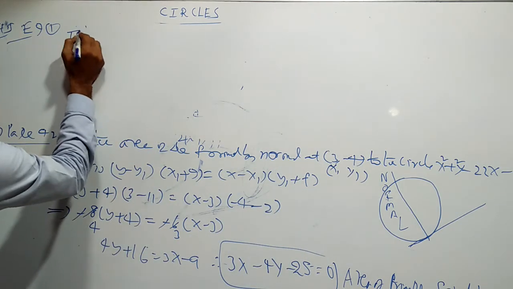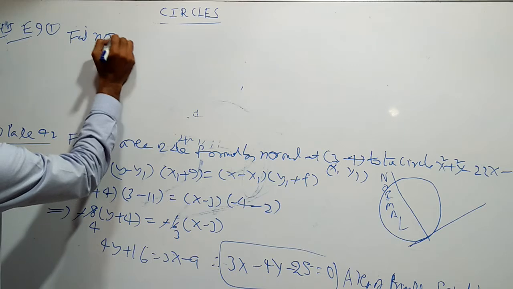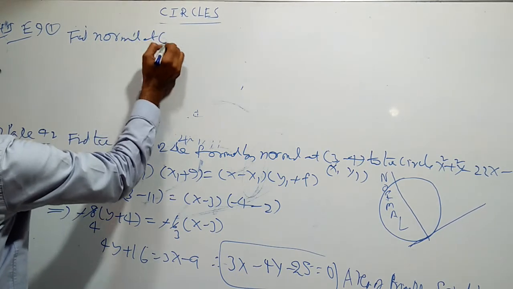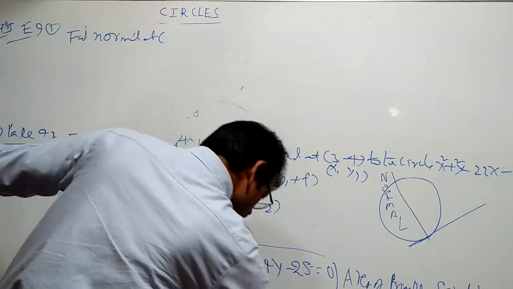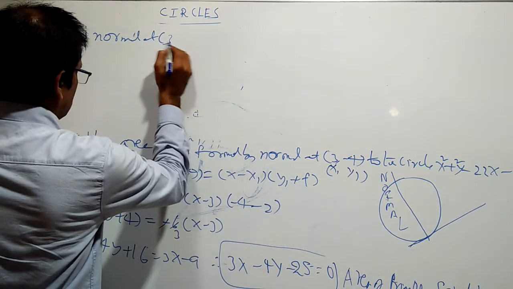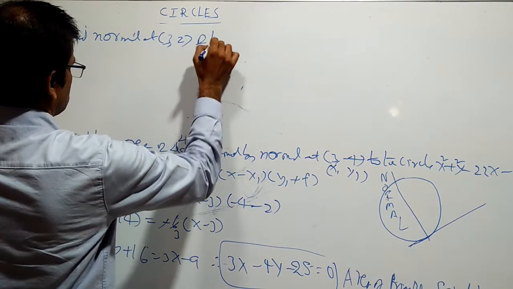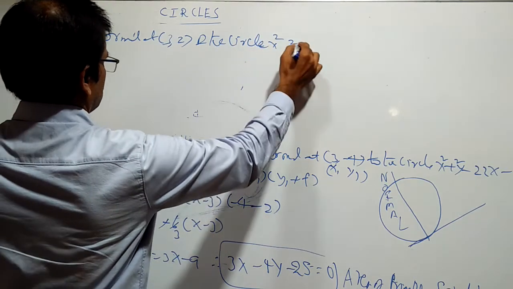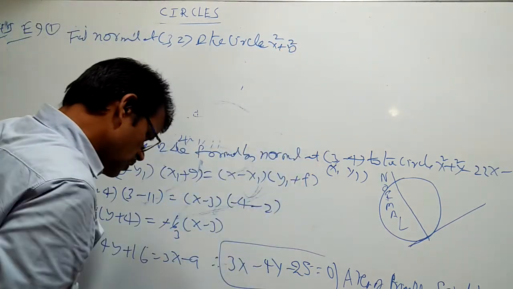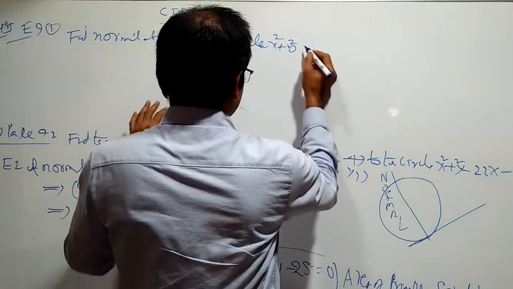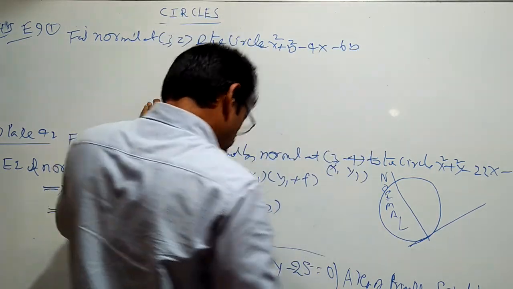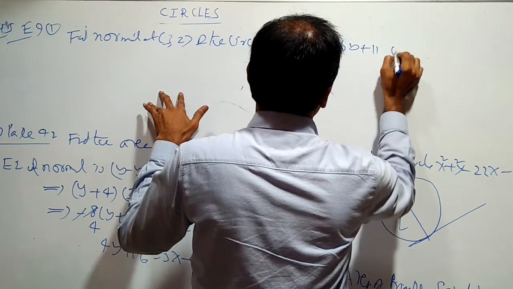Find the normal at the point given as (3, 2) of the circle x square plus y square minus 4x minus 6y plus 11 equal to 0.